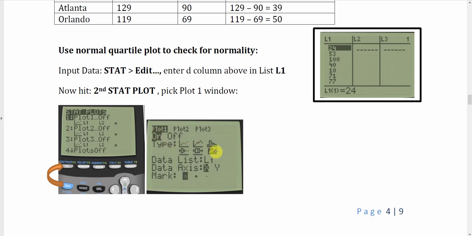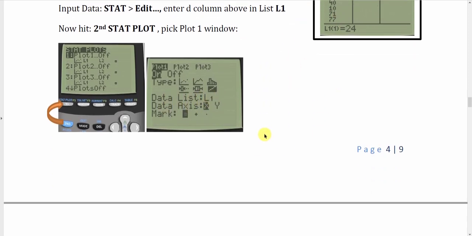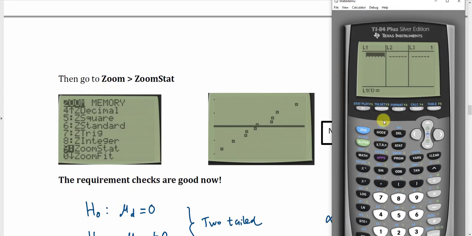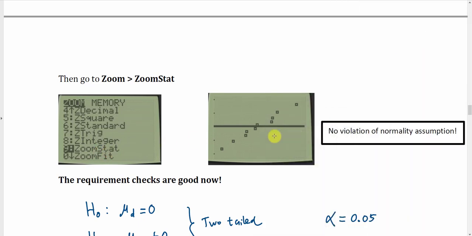We turn it on and pick the last option. This is the normal quantile plot, and then we use the data axis as X, and for the data list, make sure you use the correct L1 because we stored the data in L1. Then just go to Zoom, select ZoomStat, and it will plot the data.